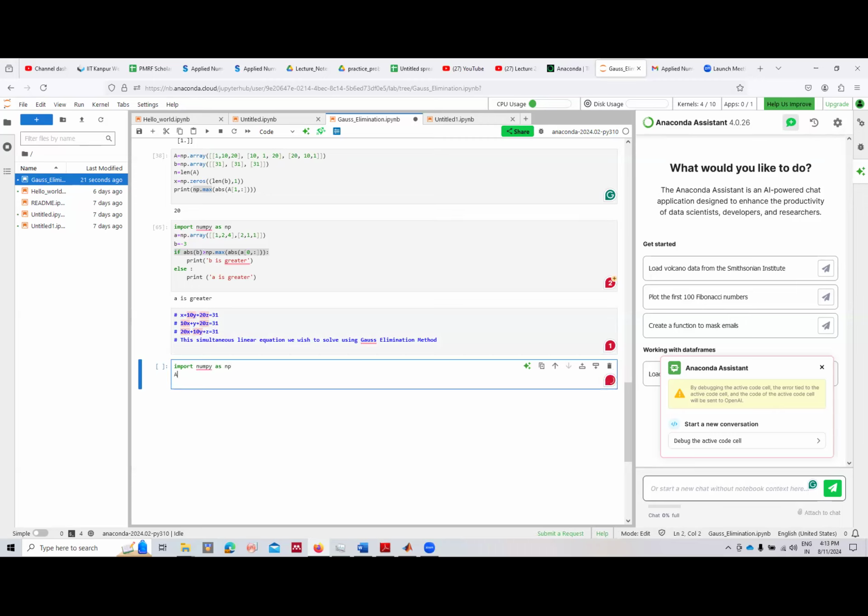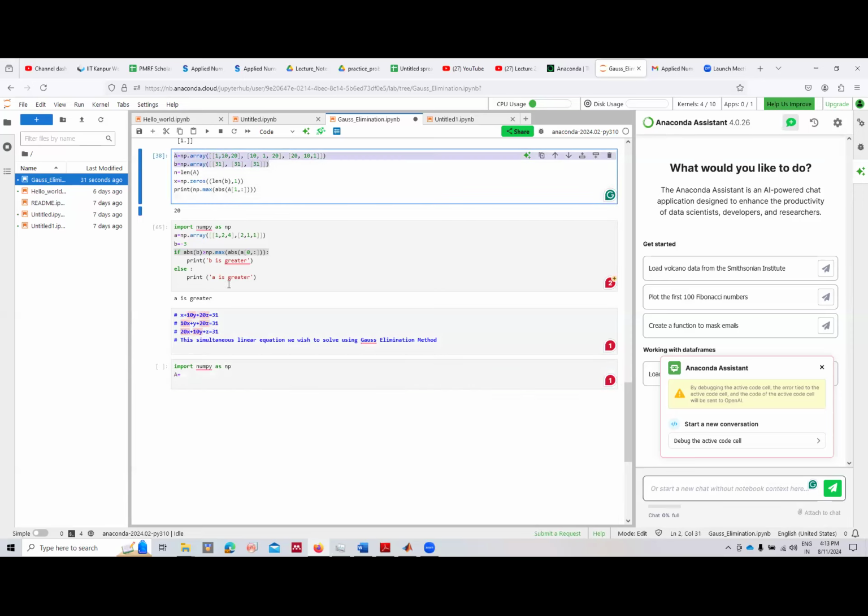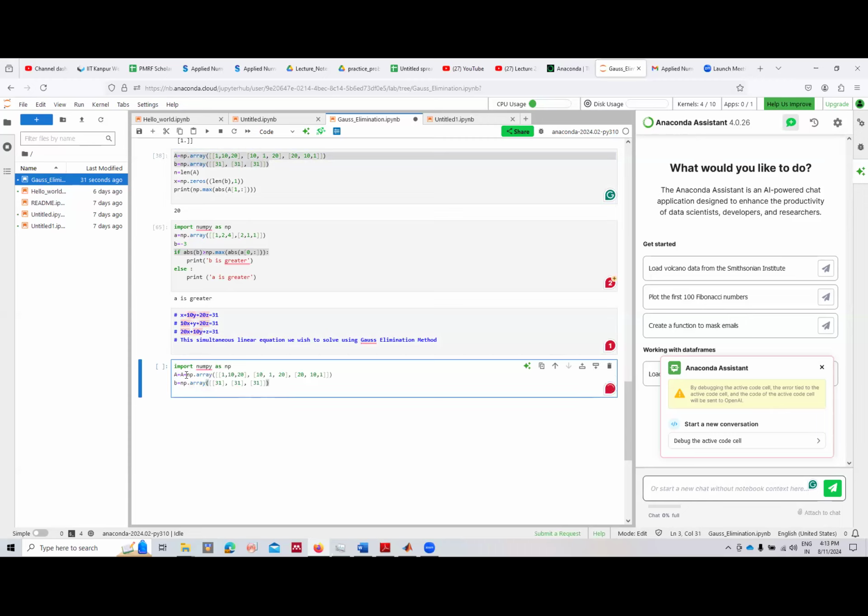So A will be equal to 1, 10, 20 in the first row. This is my coefficient matrix. Then second row 10, 1, then 20. Then third row 20, 10, 1.